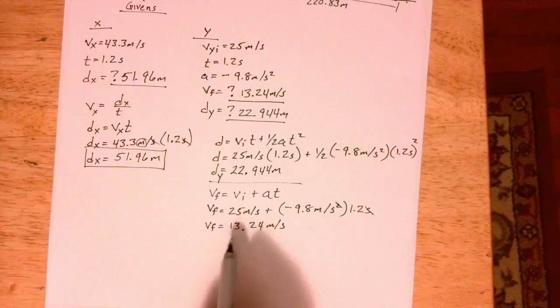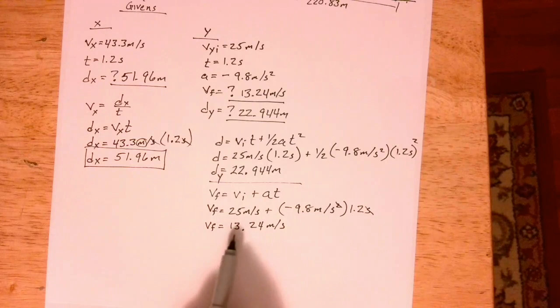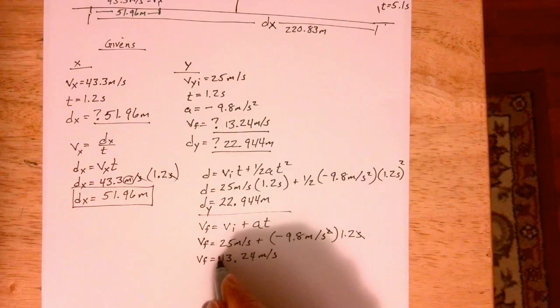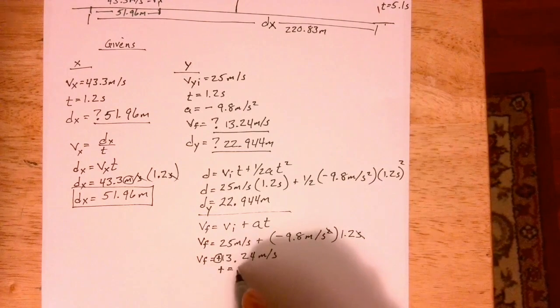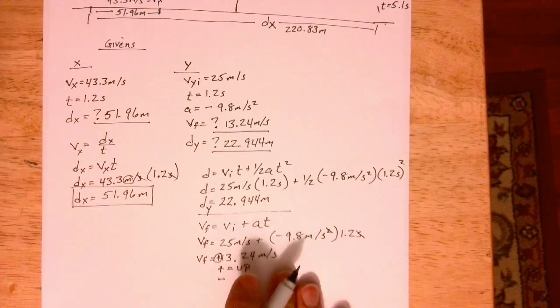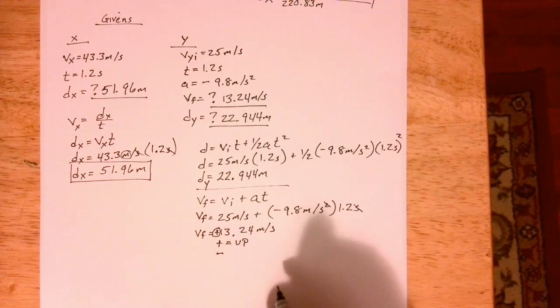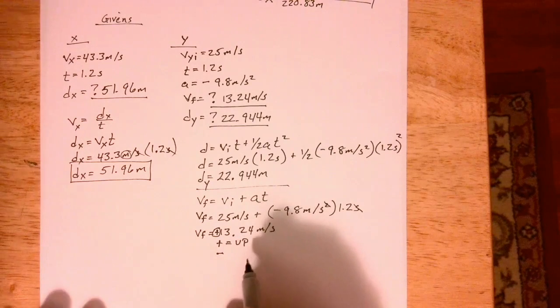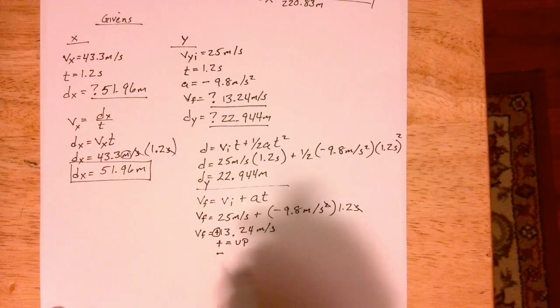Now, one thing I want to point out is that this gives you not only how fast it is going, but also what direction it is going. Because this came out to be a positive value, positive would equal up. If you get a negative velocity, because velocity is a vector, and it has a direction and a magnitude, the direction can be positive or negative depending upon which way it goes.